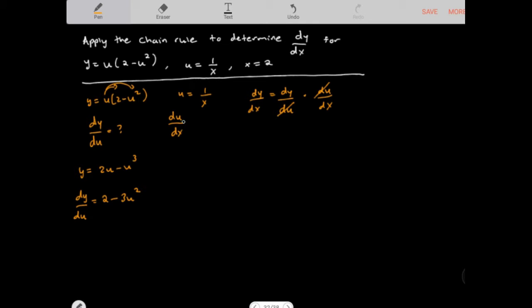Let's take a look at du with respect to dx, right? So in this sense, u is equal to 1 over x. So u you can write as x to the power negative 1, right? So du with respect to dx is equal to negative x to the power negative 2, okay? And as a positive exponent, it's negative 1 over x squared, okay?